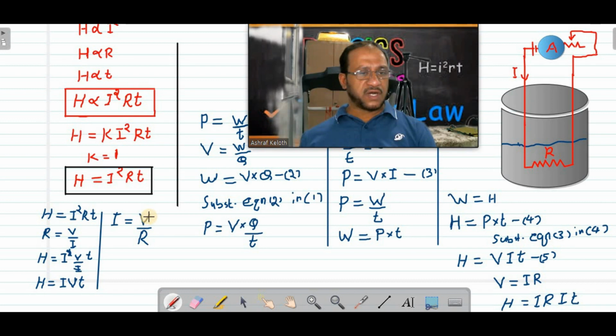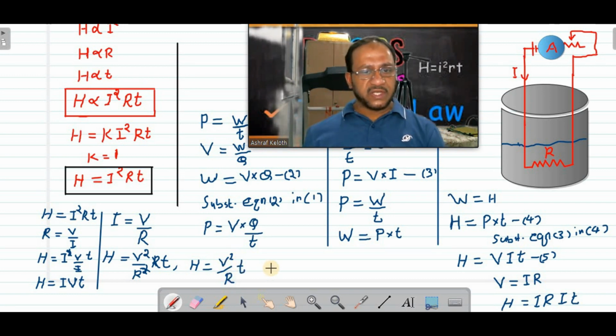Substituting, the heat energy produced in a circuit is H is equal to V square by R square into R into T. One R will get cancelled. Then what is remaining? H is equal to V square by R into T.